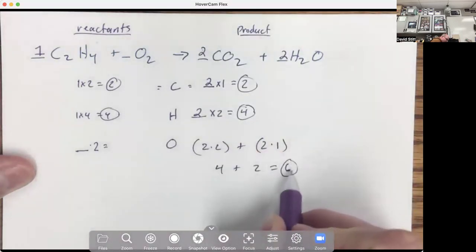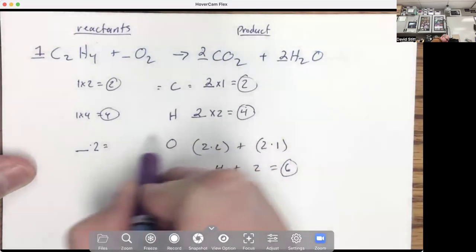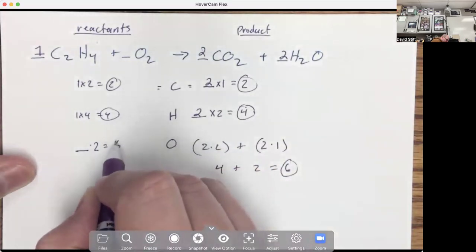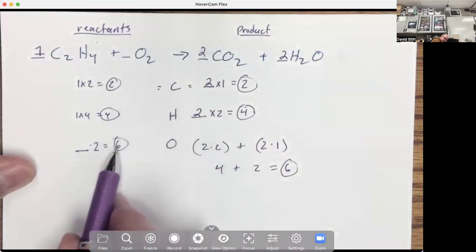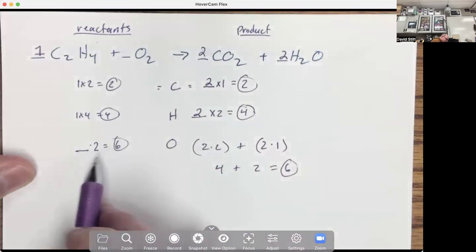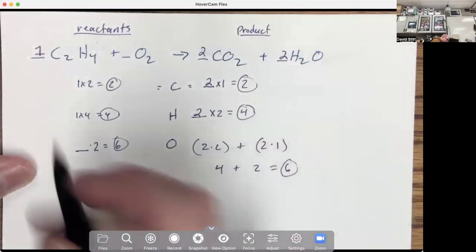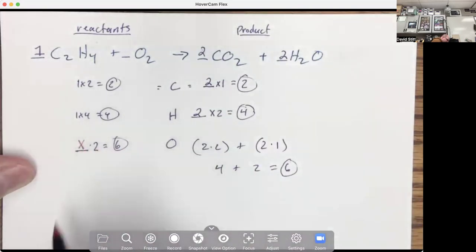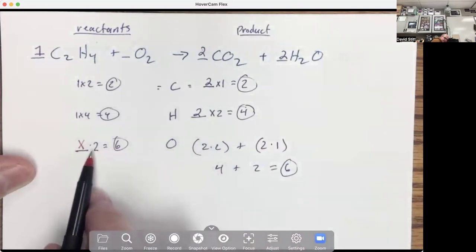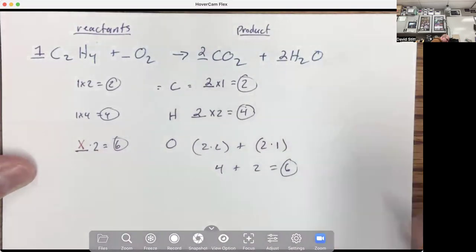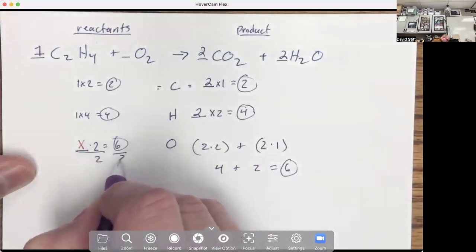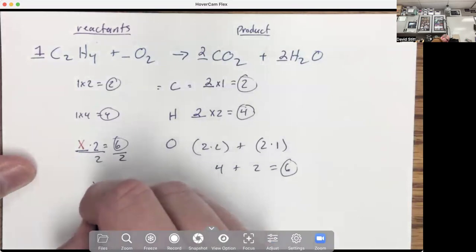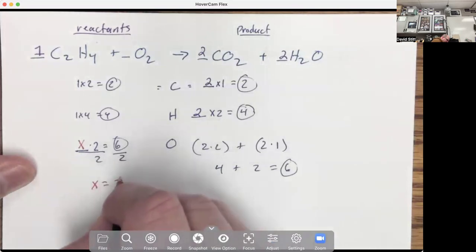I have to have my right side equal my left side. So whatever number I put here gets multiplied by 2 and has to equal 6. Now, in math, when we don't know what it is, we call it x. So this is really x times 2 equals 6. Dividing both sides by 2 means that I get x equals 3.